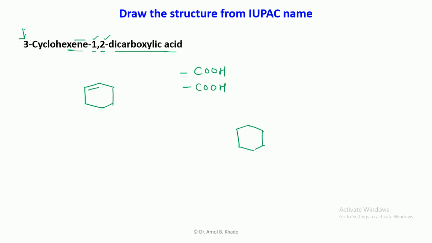Okay, so let's say I have indicated a double bond here. So the double bond will not get priority while numbering. Who will get priority? Obviously the carboxylic acid will get priority. So we have to give the least possible number. Okay, so now you can see whether we have drawn the correct structure for this name.